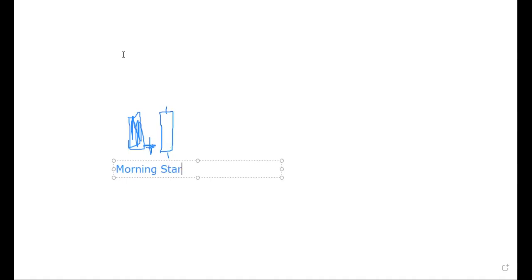So let us take a look at another pattern called the evening star. Here we have a big bullish candle followed by another candle, another bullish candle, then followed by another big bearish candle.